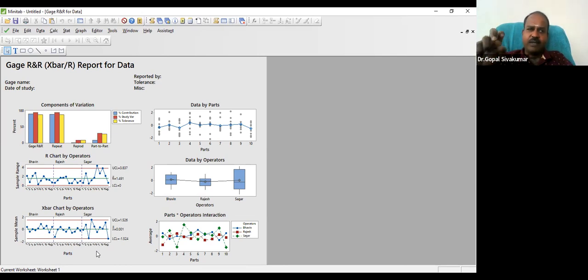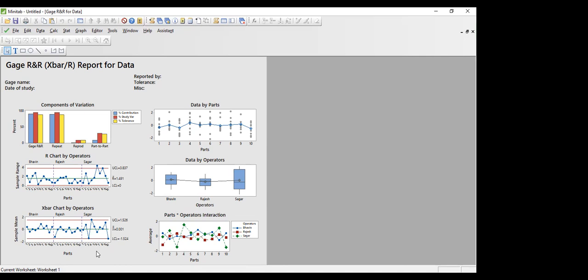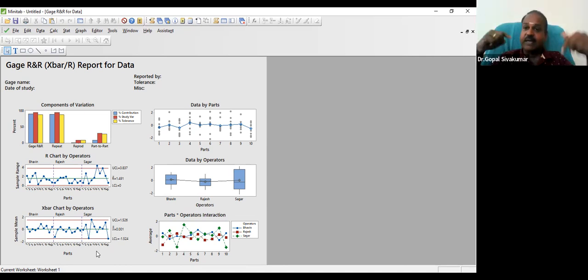So 50% of the sample should be close to the target, and the remaining 50% should be close to the specification. What is the specification? 10.5 on the right side, 9.5 on the left side. So 5 samples are close to 10, and 5 samples are close to 9.5 and 10.5. In that manner, I have selected.